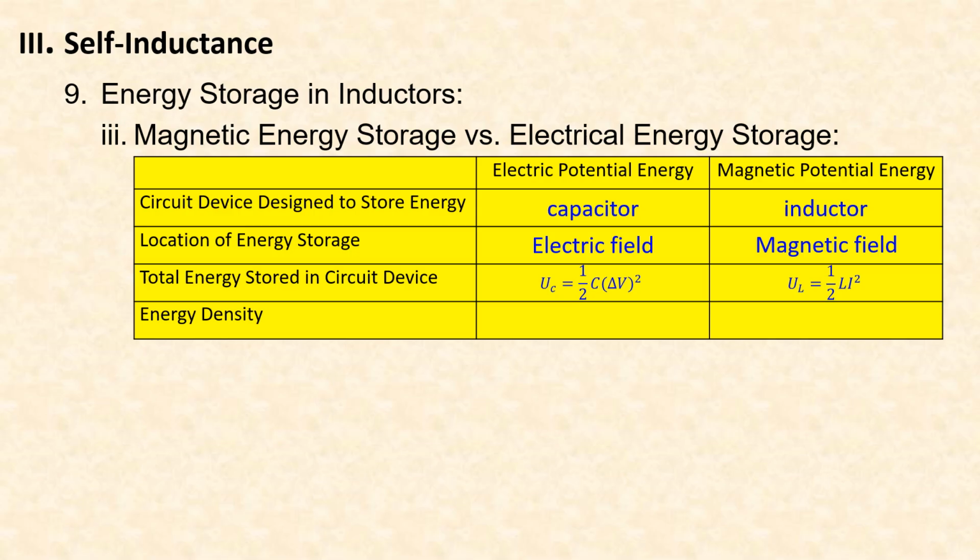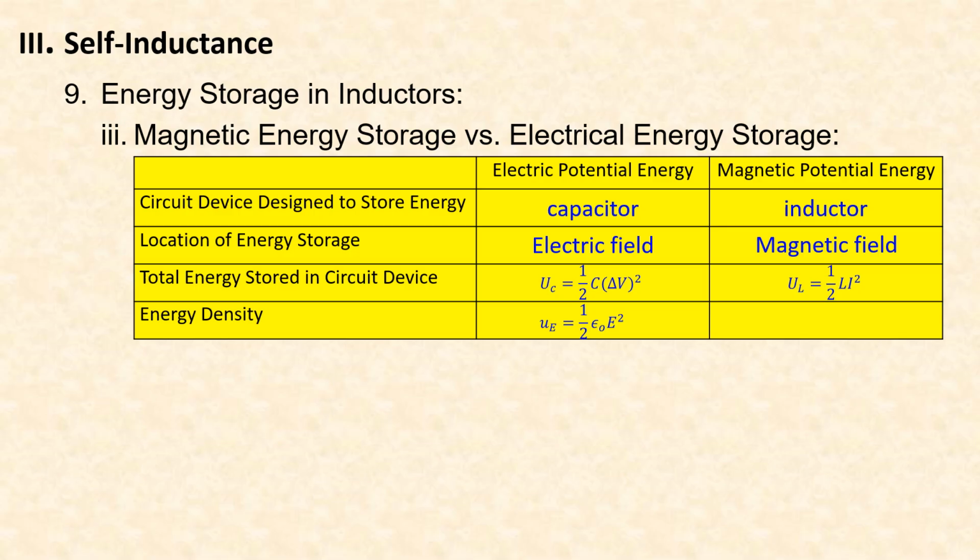When it comes to energy density, remember that energy density is a measure of the energy stored in the field per unit volume. And in the case of the capacitor, recall this expression, 1/2 epsilon naught, that permittivity of free space, times the magnitude of the electric field between the capacitor plates squared.